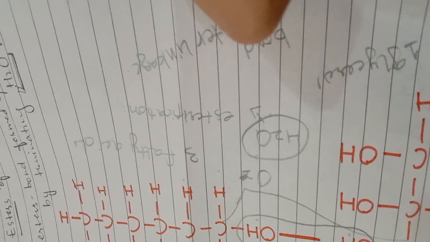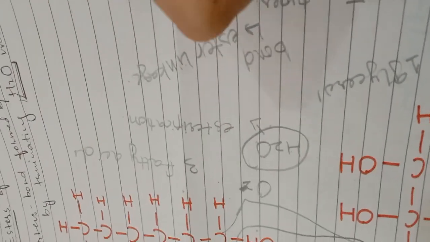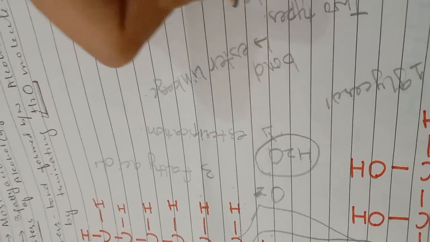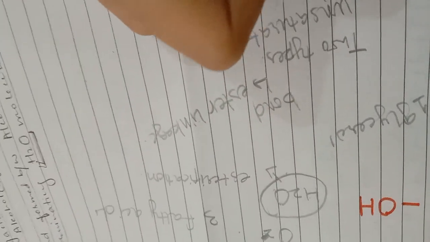Okay, now there are two types of acylglycerol. Number one is unsaturated, and number two is saturated. So let's first discuss the saturated.